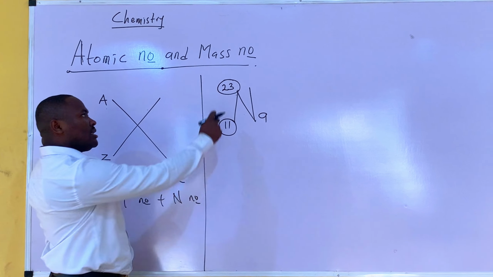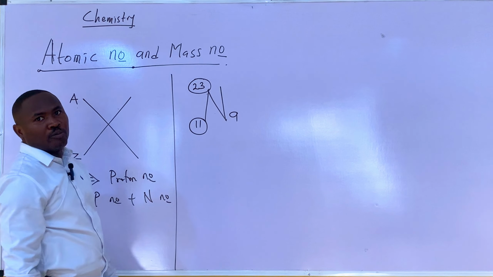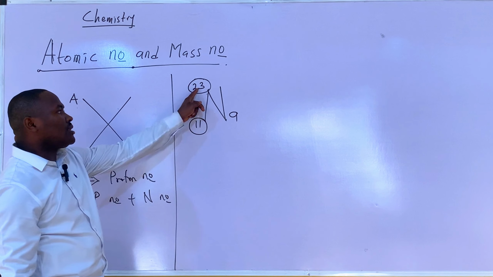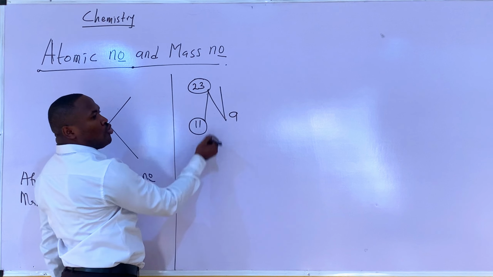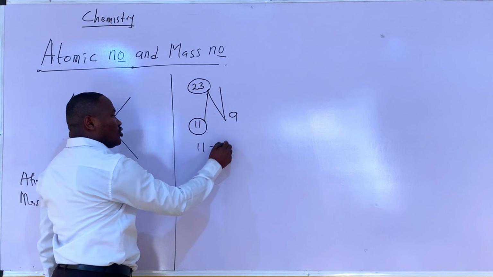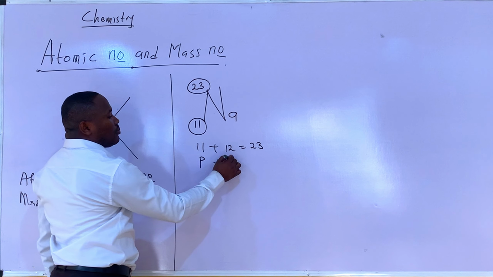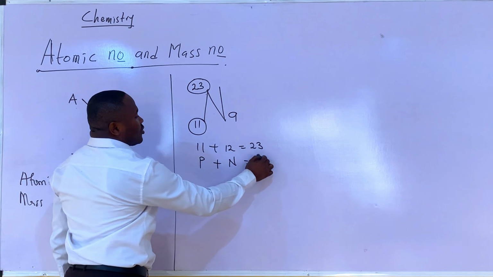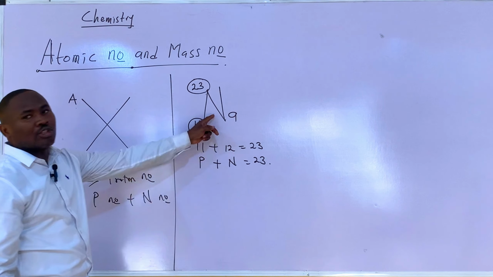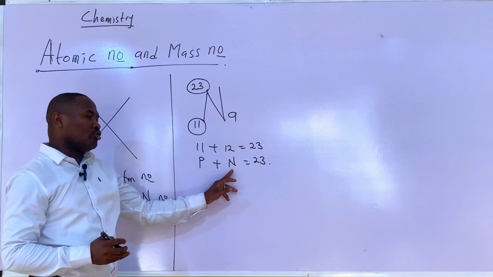So in this 23, 11 is the number of proton, and the other part is unknown, which is 12, because 11 plus 12 is equal to 23. So number of proton plus number of neutron equals 23. So in this atom sodium, we have 11 proton and 12 neutron.